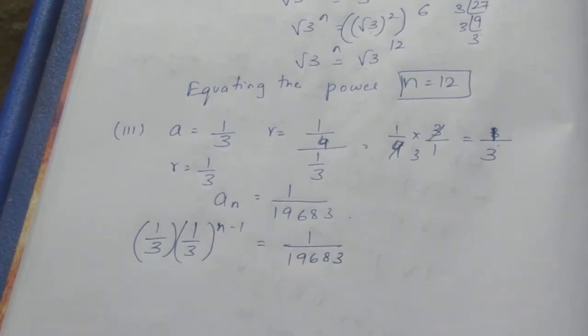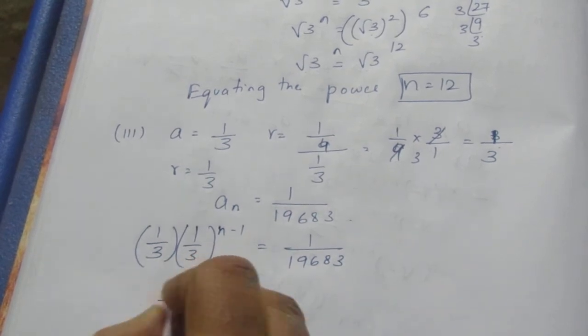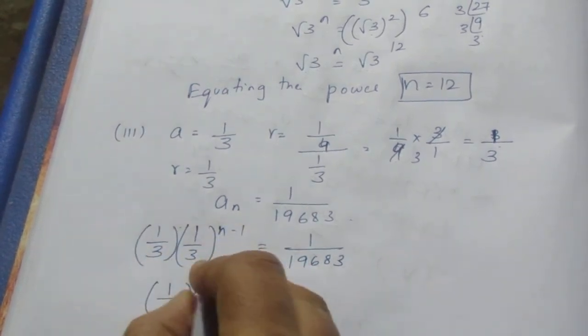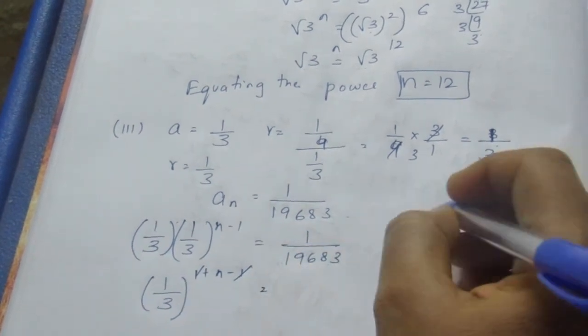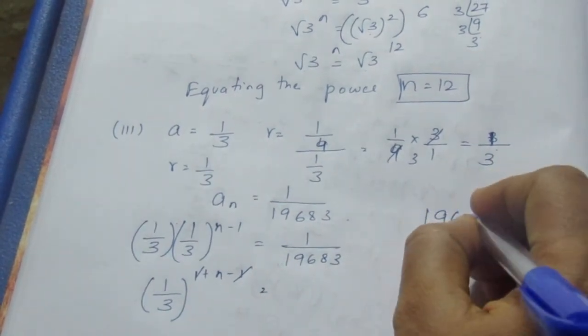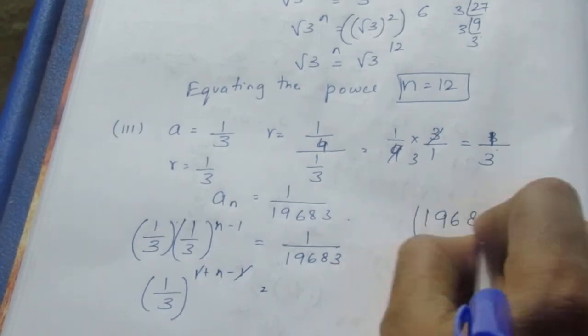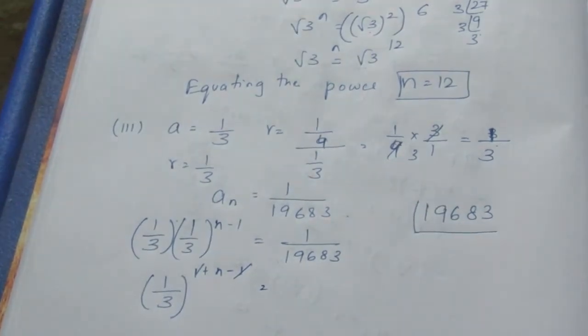Here the base is same, so we can add the power the same way as we did in the second subdivision. 1 by 3 the whole power. Here 1 plus n minus 1, this gets cancelled, and we can do prime factorization for 19683. It goes in 3 tables.